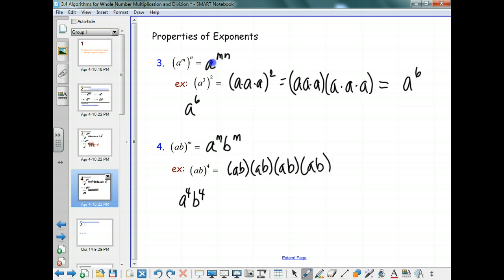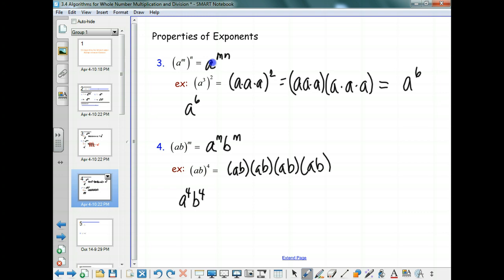I'm not going to go through every detail of this, because it's the kind of thing you were looking at where it moves things around. At this point, I want to be able to move things around, right? I want to be able to move all the A's to the front and all the B's to the back. And I can do that with the associative property and commutative property, right? I can move everything I want with those 2 properties as many times as I need to because it's all multiplication.